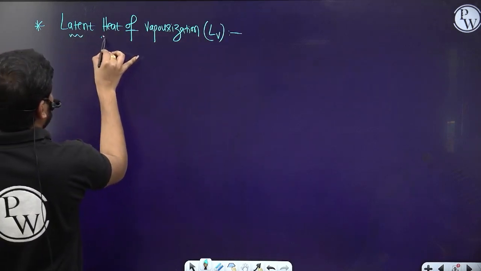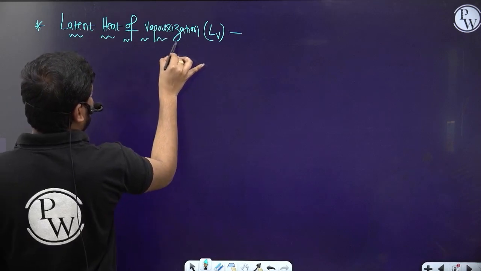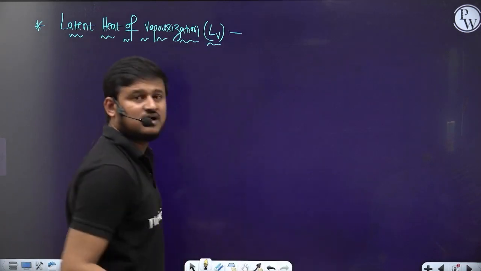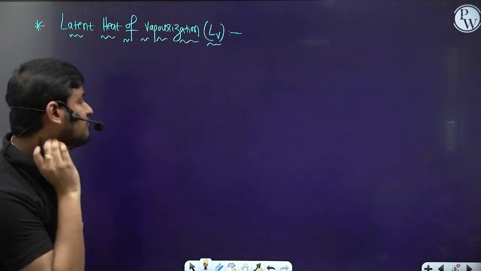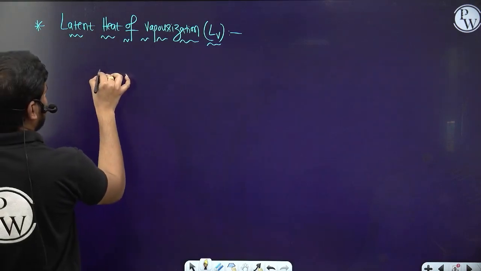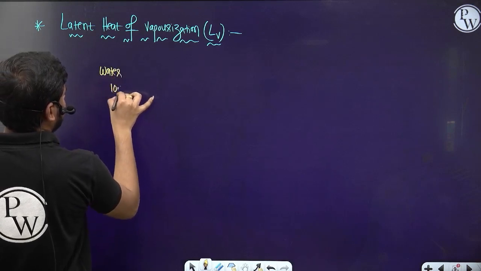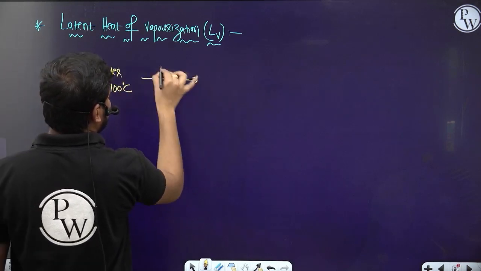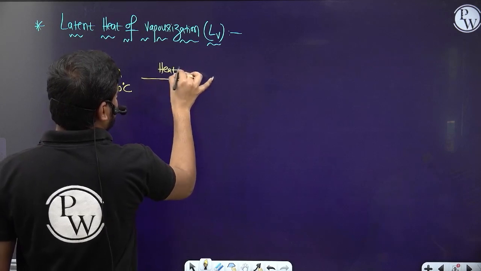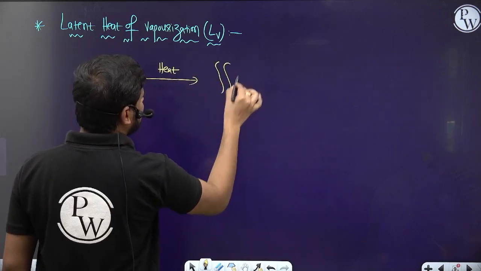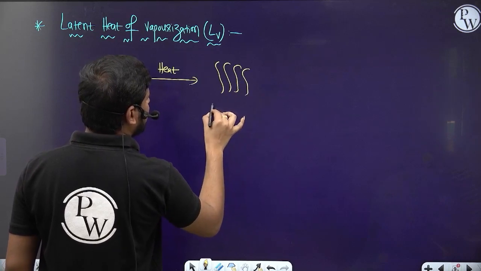So it is the heat required not to raise the temperature but to change the state of water from water to vapor. So for example, if you take water here, which is at 100 degrees centigrade now, and you supply heat, that heat is being utilized in converting this water to vapor.